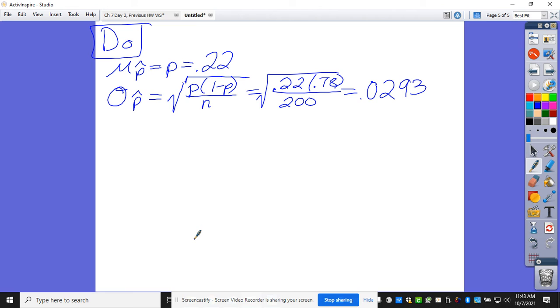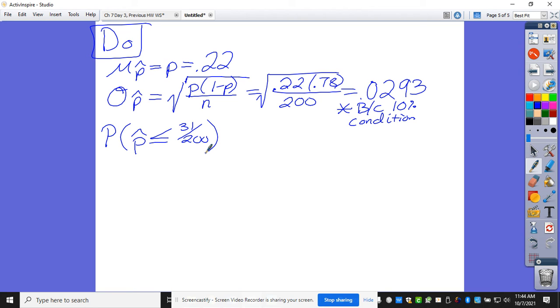All right, what else? Because of 10% condition. Now what? Probability of p hat less than 31 over 200, and again here 31 over 200 or 0.155, either one is fine.